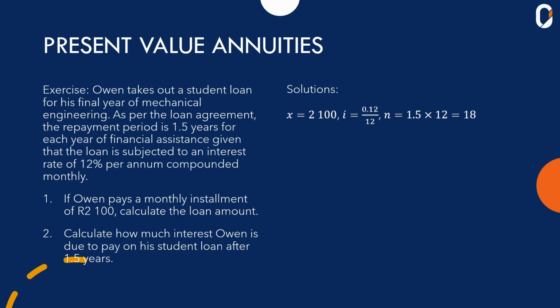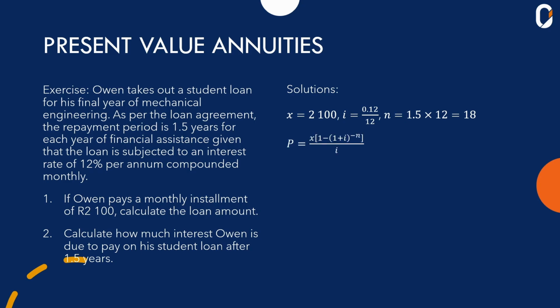Again, we know that x is equal to 2,100, i is equal to 0.12 divided by the period, that is 0.12 divided by 12. n is equal to 1.5 multiplied by 12, which is 18 months.